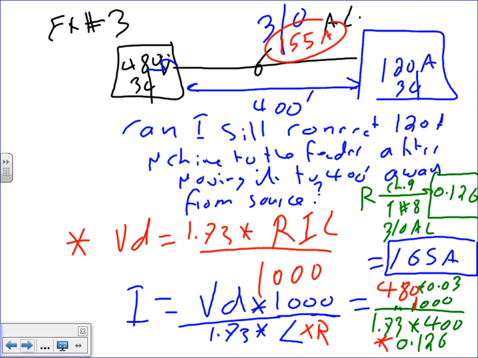Now here's my question for you guys. Can you take 165 out of number 3-aught? Even though the voltage drop says you can go 165, are you allowed to get 165? No, because 310.16 governs.